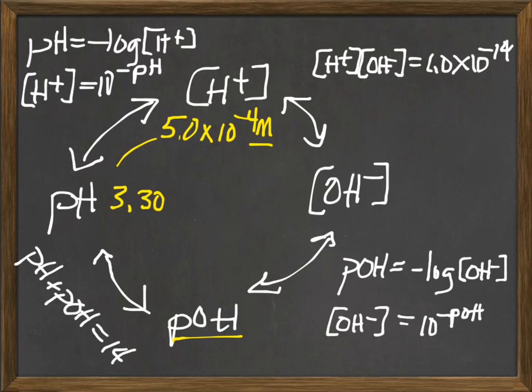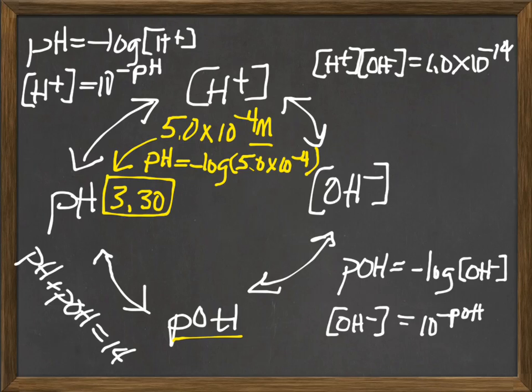So in doing this, I'm doing pH is the negative log of 5.0 times 10 to the minus 4. And my calculator is going to show me this. From here, I'm going to use this equation down here.